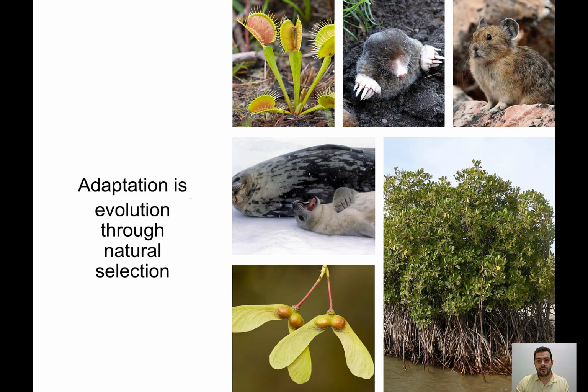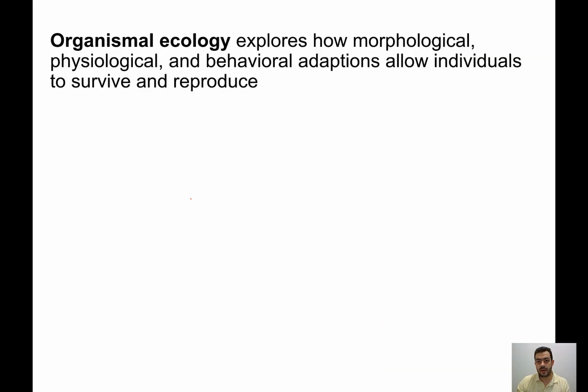So as you can see, this plant is more adapted to this environment, and evolution will select this plant through natural selection. So we are going to show many slides to highlight how the different organisms are adapted to their environment.